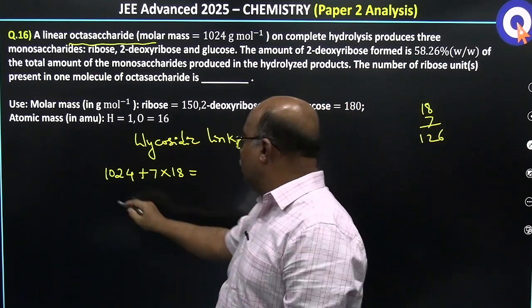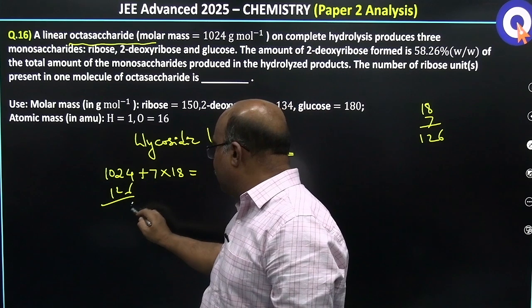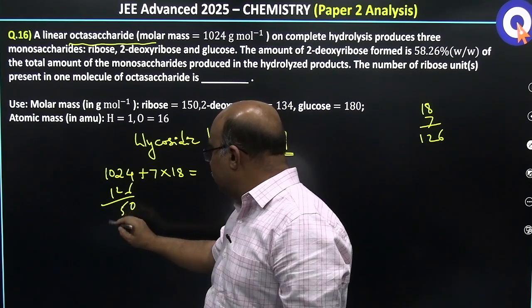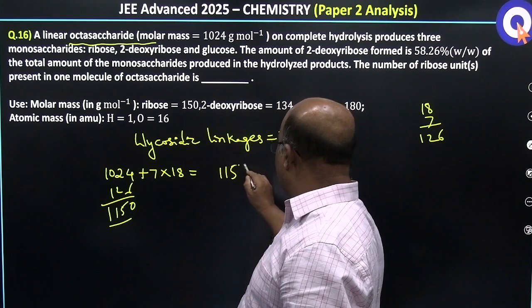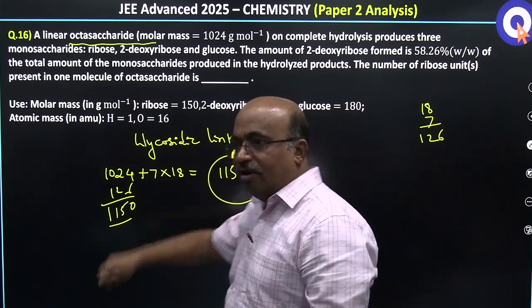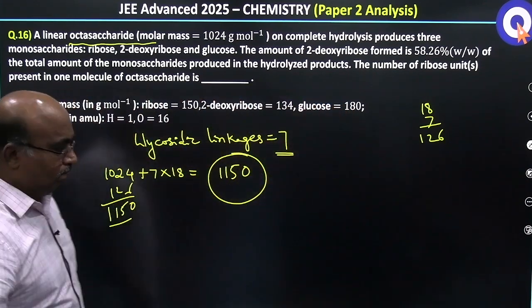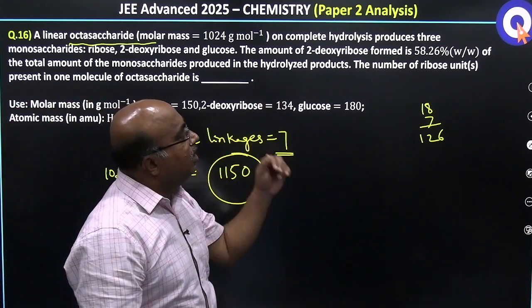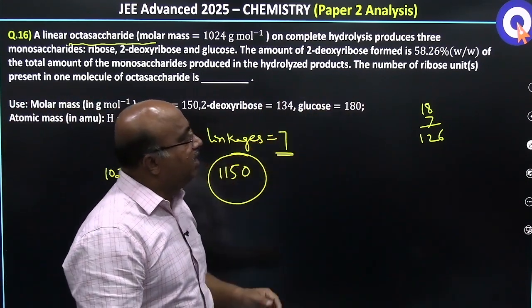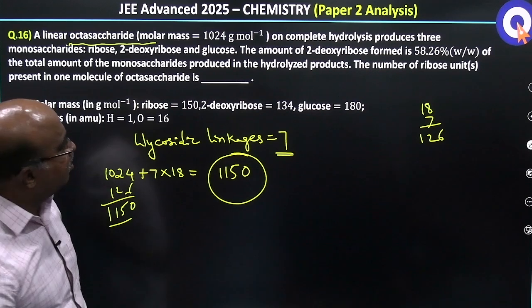If you add 126 to this, it will be 1150. So your total hydrolysis product mass is 1150. Now, what he said is 2-deoxyribose is 58.26 by weight of this hydrolysis mass.